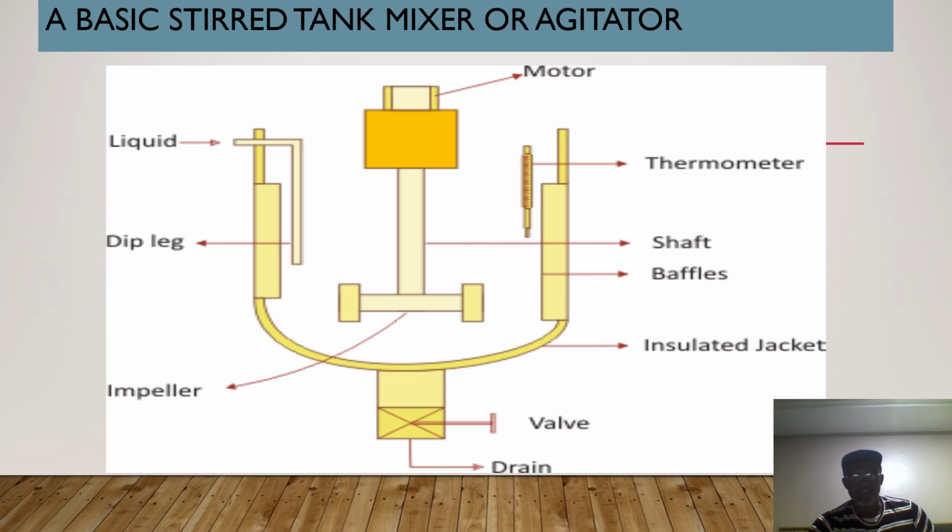Now, this is the major part that causes the mixing, the impeller. We'll see different types of impeller. Once the impeller is turning, it allows the liquid inside to mix, and the baffles create a kind of temporary stoppage to the circulation, which improves the mixing quality.